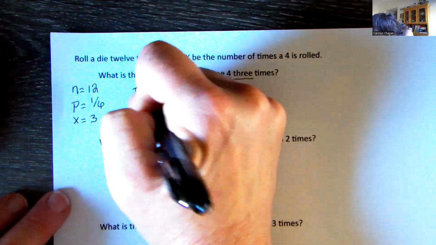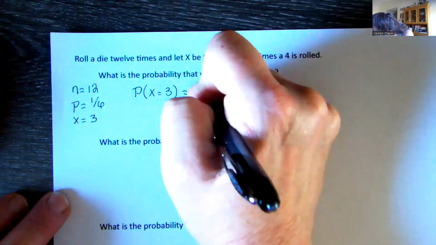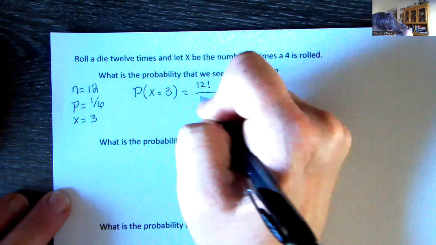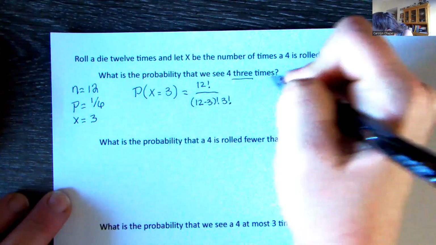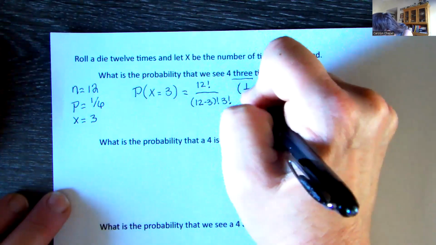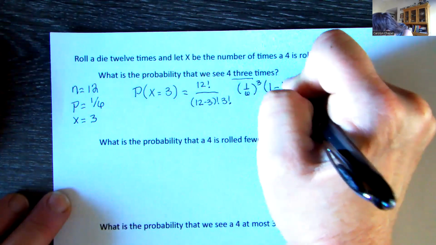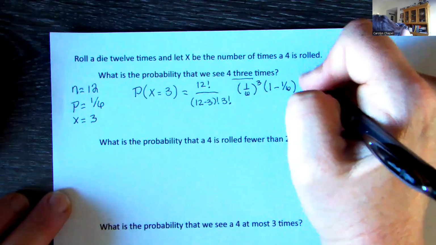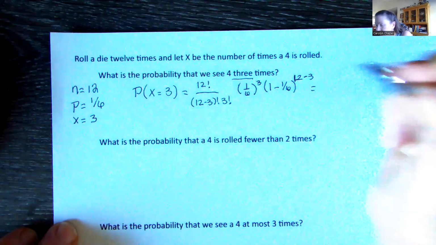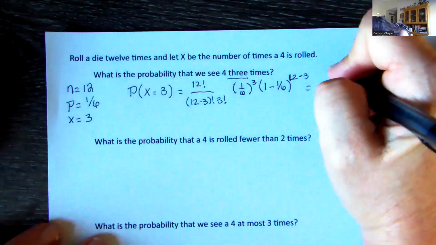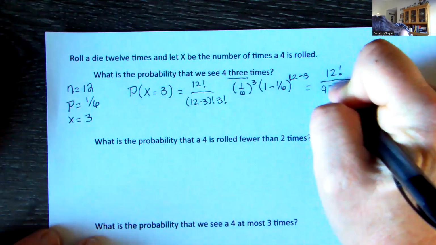So according to our formula, it's going to be 12 factorial over 12 minus 3 factorial times 3 factorial, and I'll set it up both ways. Then we'll have 1/6 to the third, and 1 minus 1/6 to the 12 minus 3. Cleaning this up a little bit: 12 factorial, 12 minus 3 is 9.